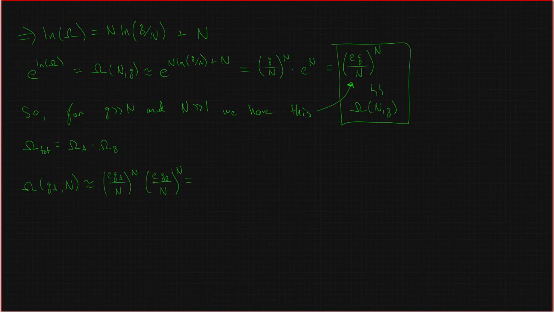It's just the natural number e. So rewriting this, e to the 2n, and we can write q_A and q_B together because they're both to the n. But rather than writing it in terms of q_A and q_B, we can just note that q_A and q_B are constrained to run together because q_B is going to be q minus q_A.